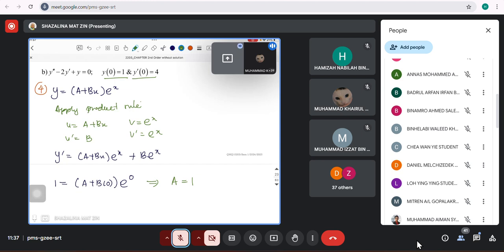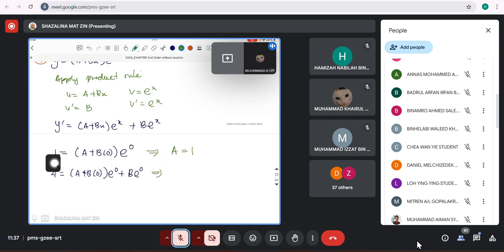Okay, condition number 2. Replace y prime with 4 and x equals 0. So, we have 4 equals A plus B times 0 exponent 0 plus B exponent 0. So simplify. This term is the same as above. So A plus B times exponent 0, B times 1.